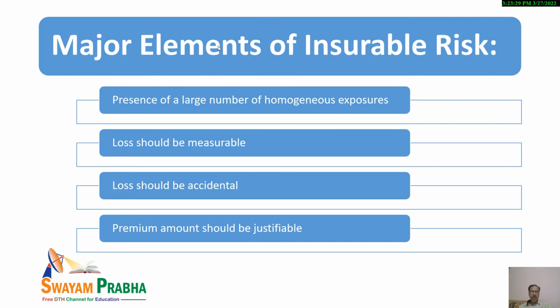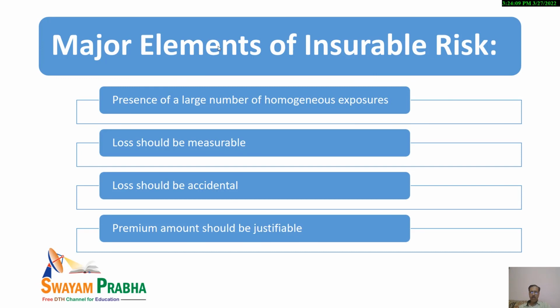And now, what are the major elements of insurable risk? My dear students, kindly note that every type of risk is not insurable. I have already told you that in order to be an insurable risk, some features should be there, some elements are there. Now, what are these elements? I will be discussing in brief. First of all, a large number of homogeneous exposures should be there. As I have already told you, a major chunk of the population, a number of companies are exposed to such kind of risk, and it should not be some unique type of risk.